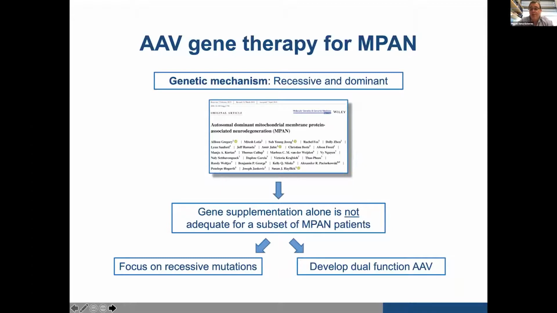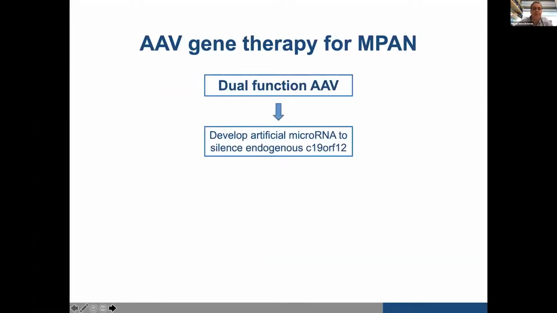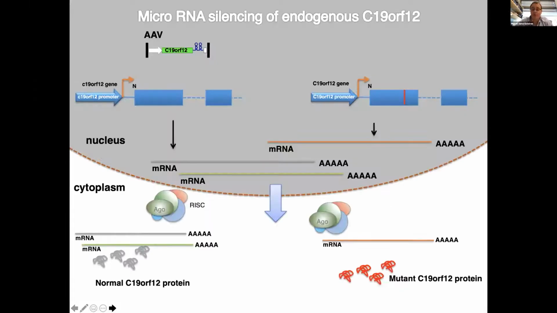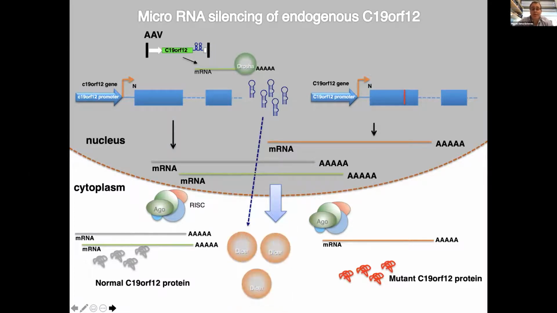Or one can develop a dual function AAV vector where it simultaneously silences the endogenous gene and expresses a new one. I have a little graphic here showing essentially the concept of using microRNAs. The microRNAs are produced through the endogenous mechanisms.